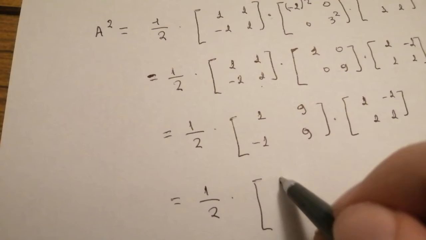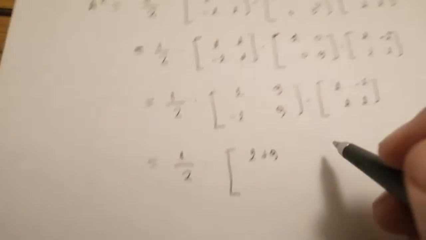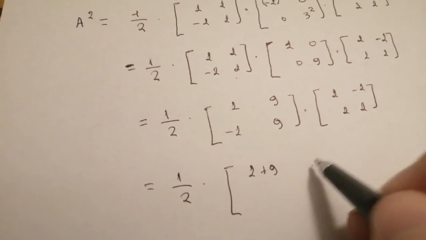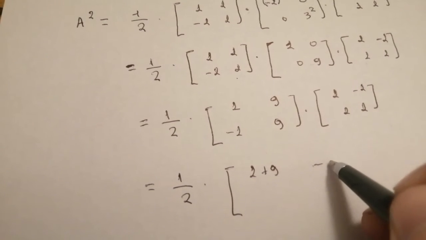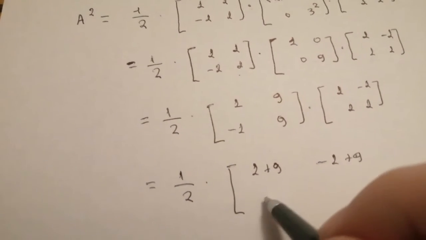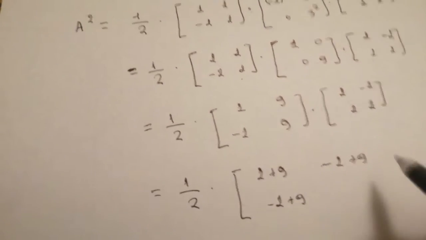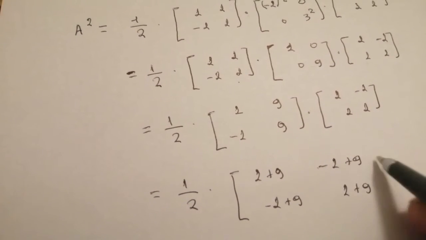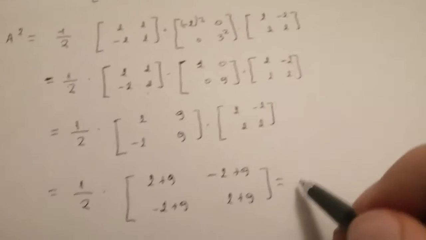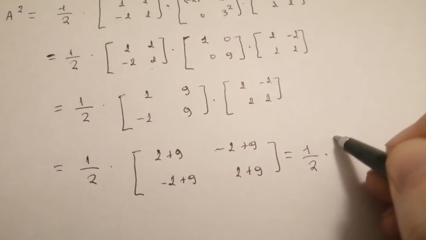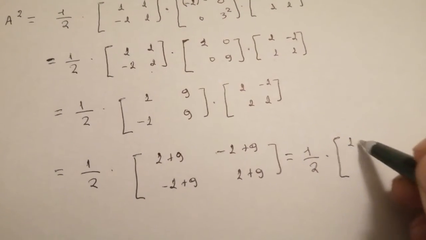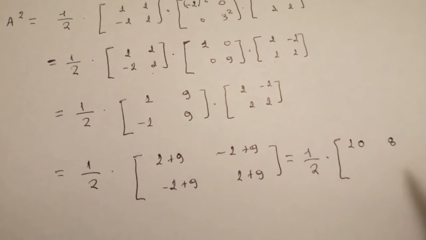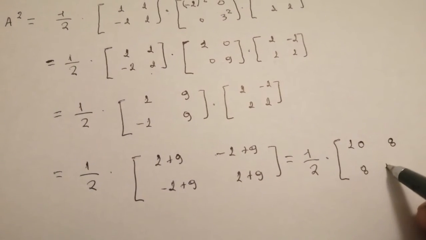Let's do the multiplication of this matrix and this. This is 1 plus 9, minus 1 plus 9, minus 1 plus 9, and 1 plus 9. So this is 1 over 2 times [10, 8; 8, 10].